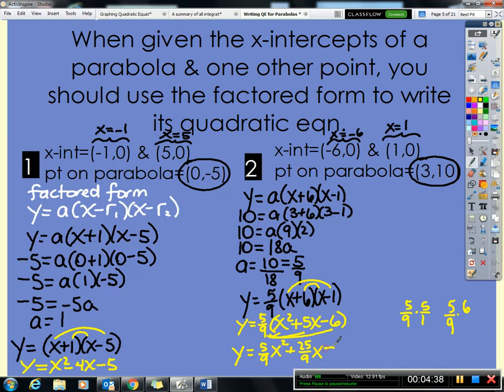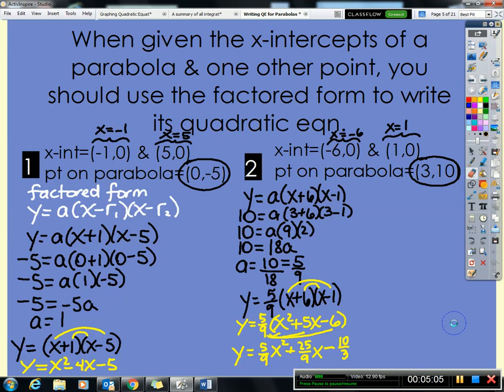On this one, I'm going to say 3 goes in the 6 twice. 3 goes in the 9 3 times. So that gives me 10/3 as my constant term, or as my caboose. So of course, you don't have to show the scratch work, but it's there. And it doesn't hurt to do scratch work. There's nothing wrong with that at all.